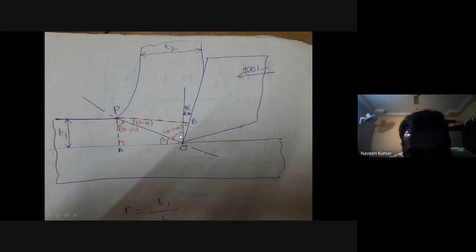I've written it wrong. We are considering the triangle OBP. In OBP, this is 90, and from here to here it is 90 minus beta, plus alpha. You should consider this also. Taking the minus outside, it becomes 90 minus beta minus alpha. If this is 90 and 90 minus beta minus alpha, then this becomes beta minus alpha.